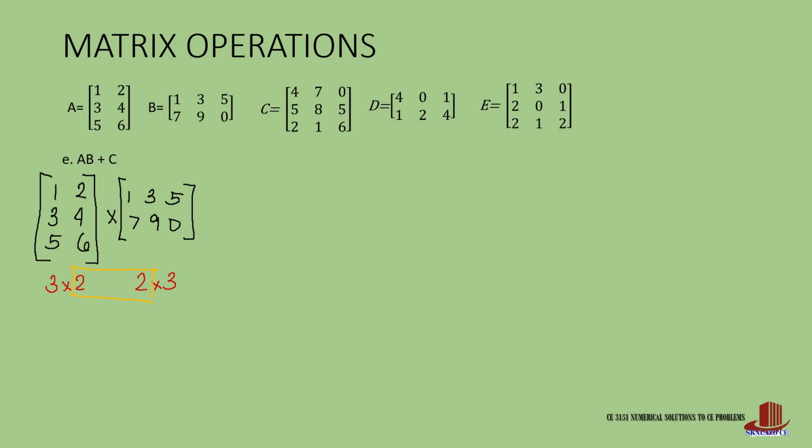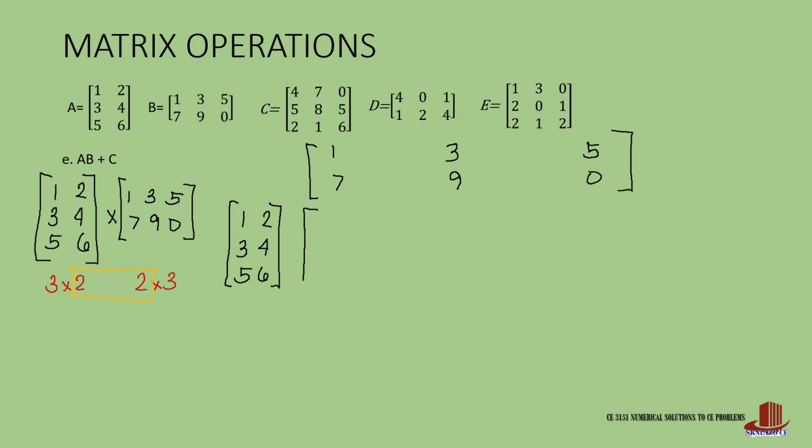Let's arrange A and B. Take the first column with the first row.